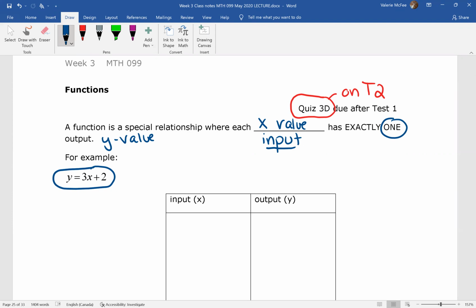X to the power of 1, y to the power of 1. In fact, this is in slope-intercept form. We can see that if we put in x equals 1, y equals 5. That's the only value that y will be. There's only one output. Let's try another input.